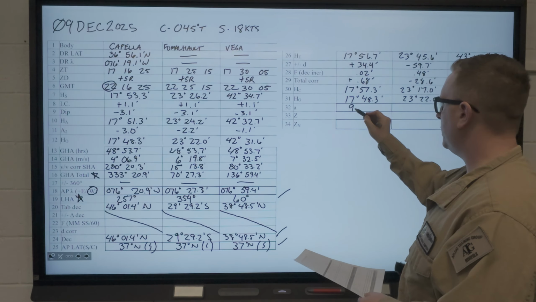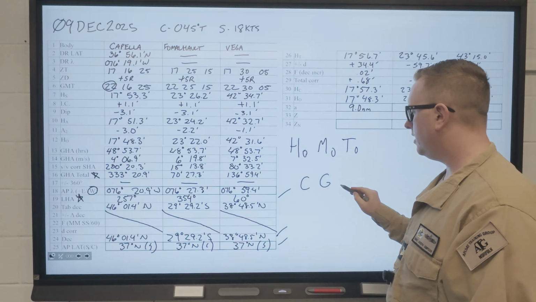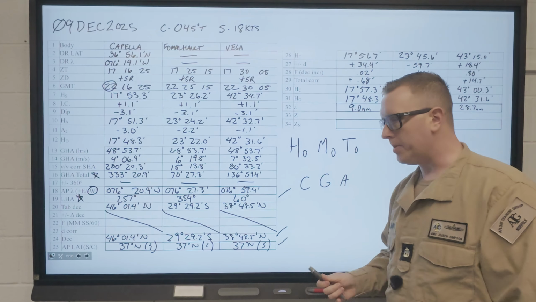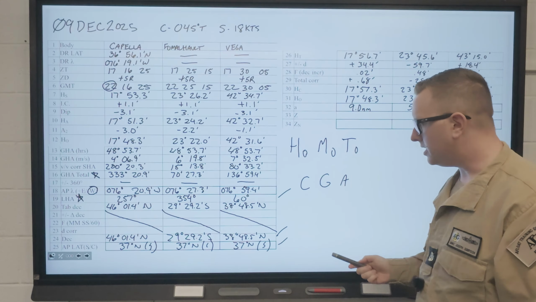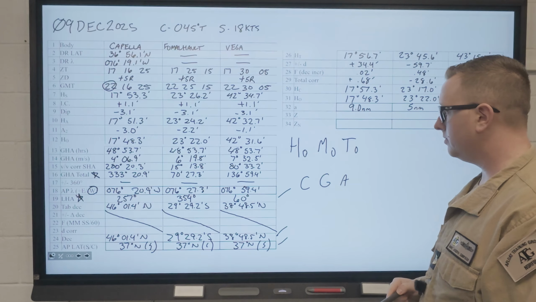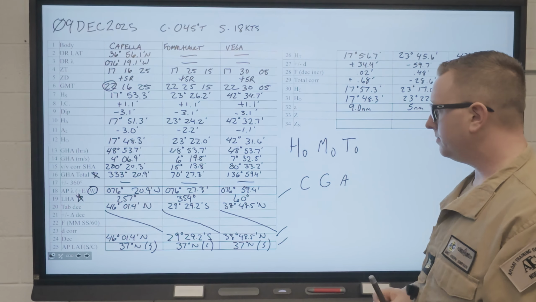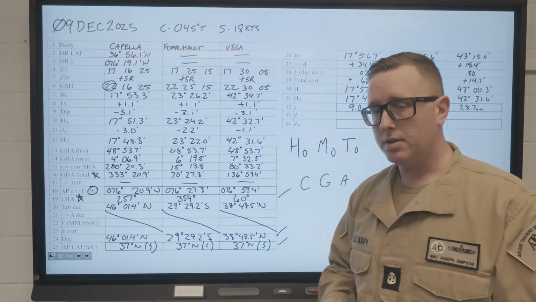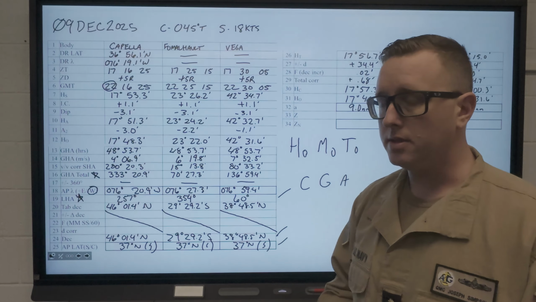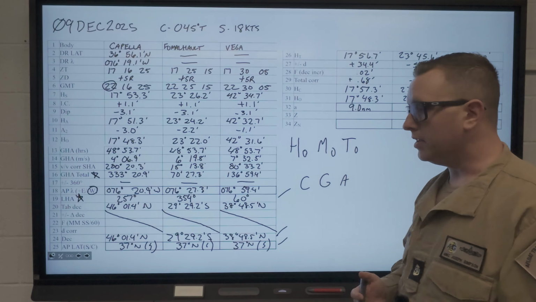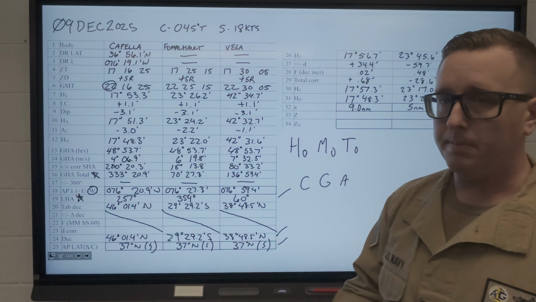Then there's another one, CGA. I remember it by saying Coast Guard Academy, but it's basically saying if computed or HC is greater, it's away. These are phrases that you should have learned in A school. If not, you should be reading your publications such as Bowditch and Dutton's. And there's countless schools that we go to that mention this as well.